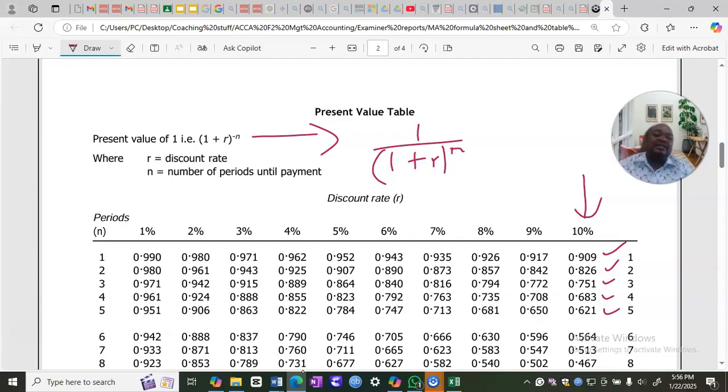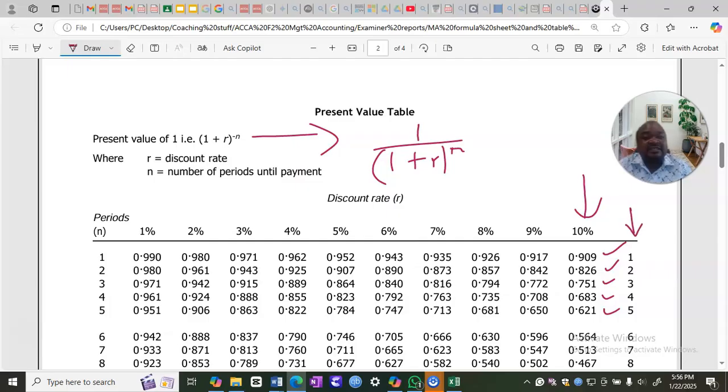All right, if you look at the table there, you're not going to find the 1. So you just have to tell yourself, in year 0, the discount factor is always going to be 1. Tell yourself that, because if you want to look for that 1 on the table, you're not going to find that 1, because our tables do not have year 0.